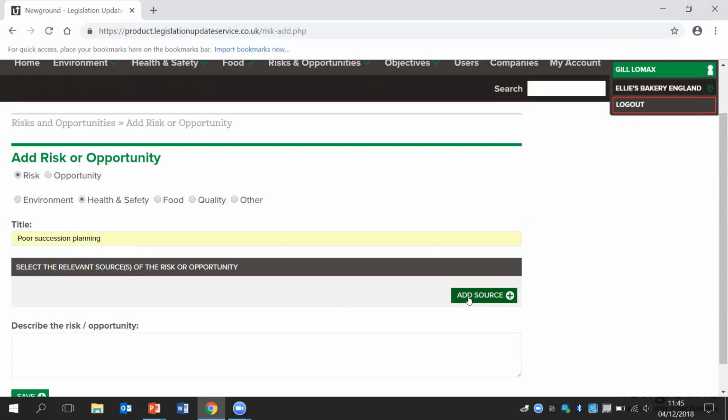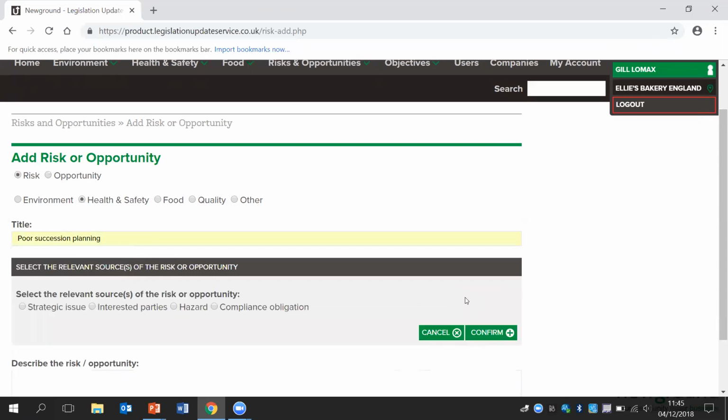And then what I can do is add the source of this risk. So I can say whether it's a strategic issue, or whether this has come from an interested party requirement, or whether it's come from my hazards and risk assessment process, or whether it's come from my compliance requirements, my legal register.